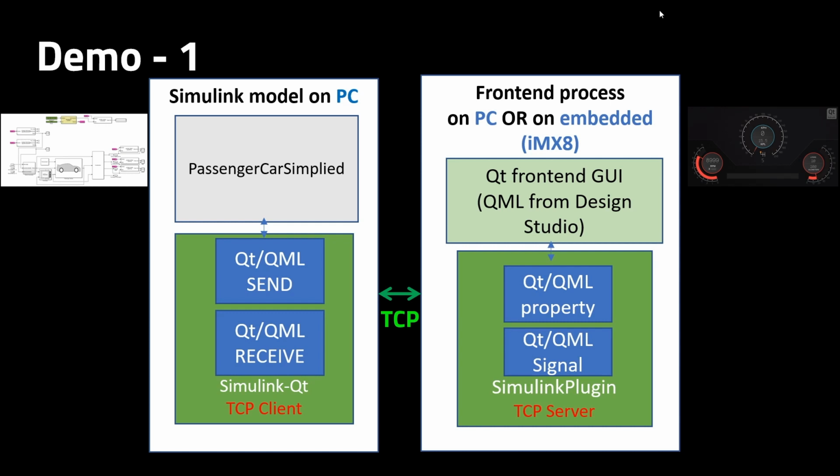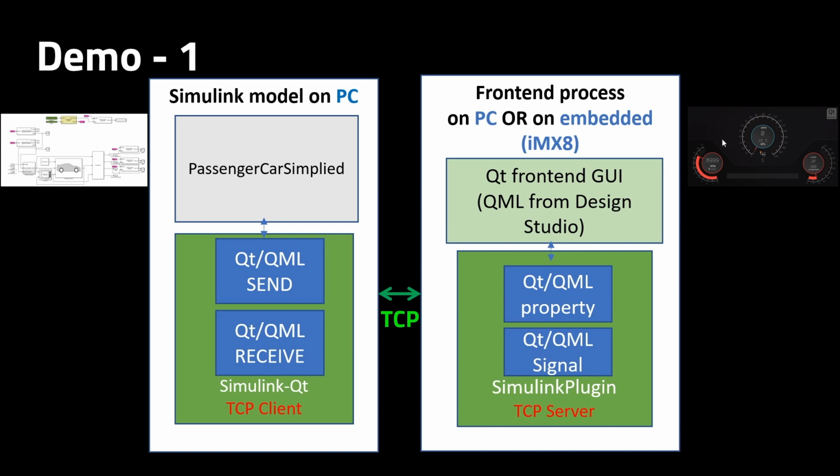The initial step is to architect the model itself. Simulink provides an easy to use Simulink library which integrates directly with the Qt application, and over TCP, the model can communicate with the Qt application itself.